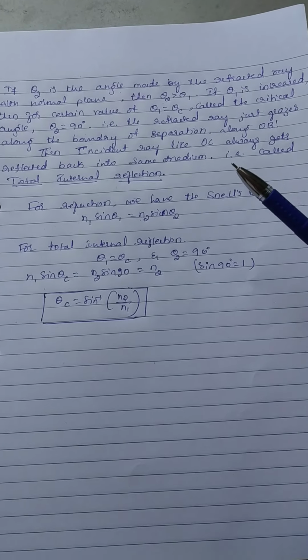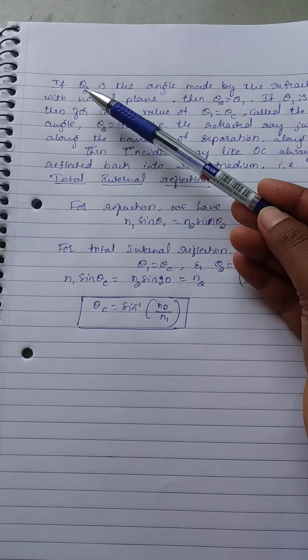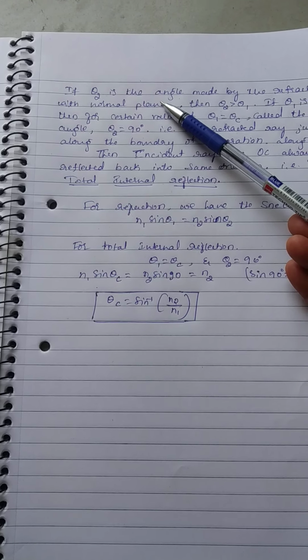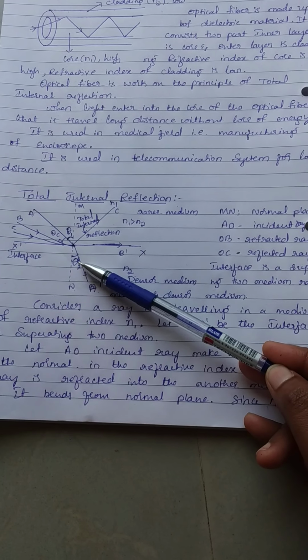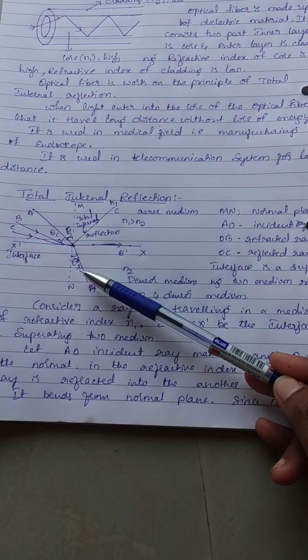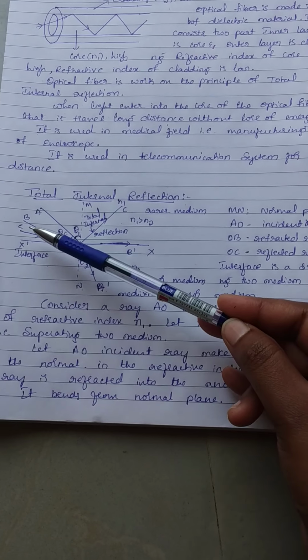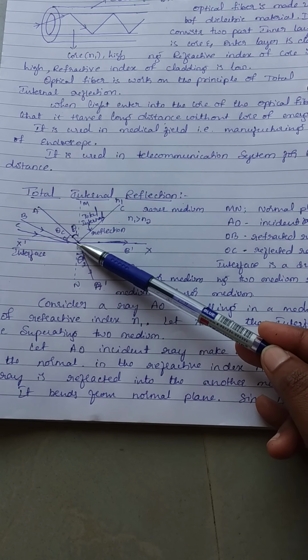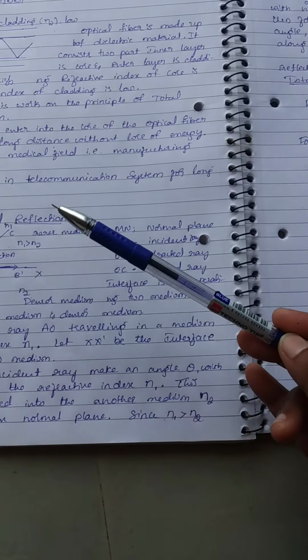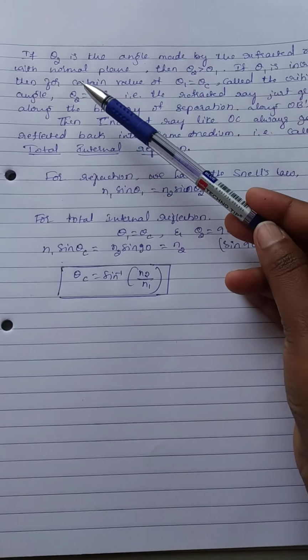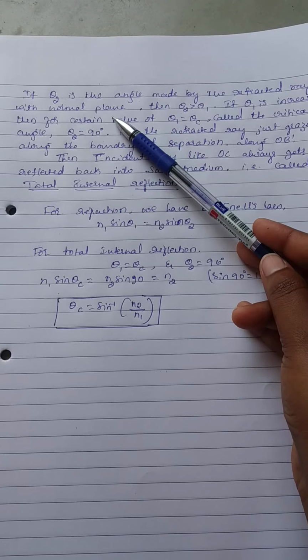Then theta 2 is the angle made by the refracted ray OB with the normal plane.